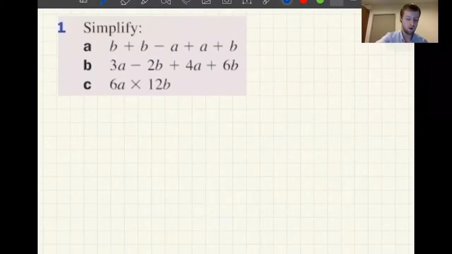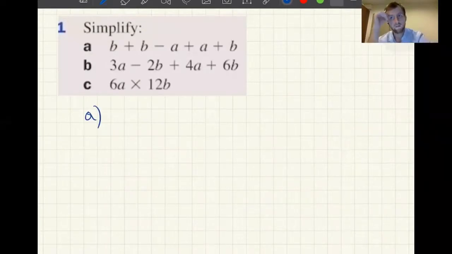So simplify. How do we simplify this? I like to think about it as if we would have some kind of object. Let's say B is going to be for banana, and A is going to be for an apple.